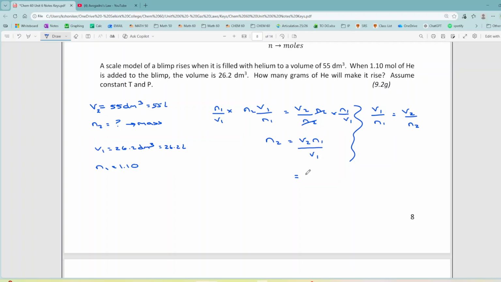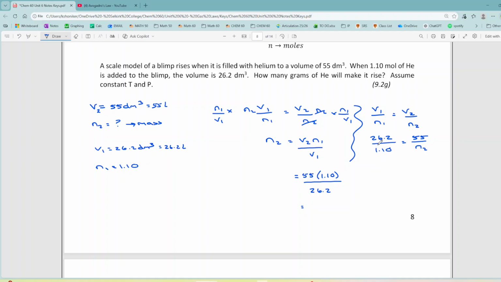So we're going to put in the V2 as 55. We're going to put in the N1 as 1.10, and we're going to put in the V1 as 26.2. And we would have done the same thing up here too, where we would have put in V1 as 26.2, N1 as 1.10, V2 as 55, and then N2 down here.